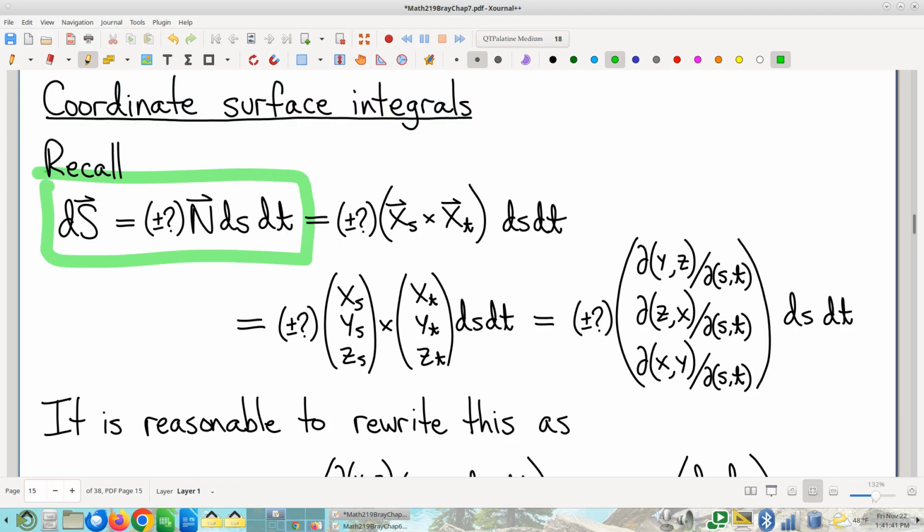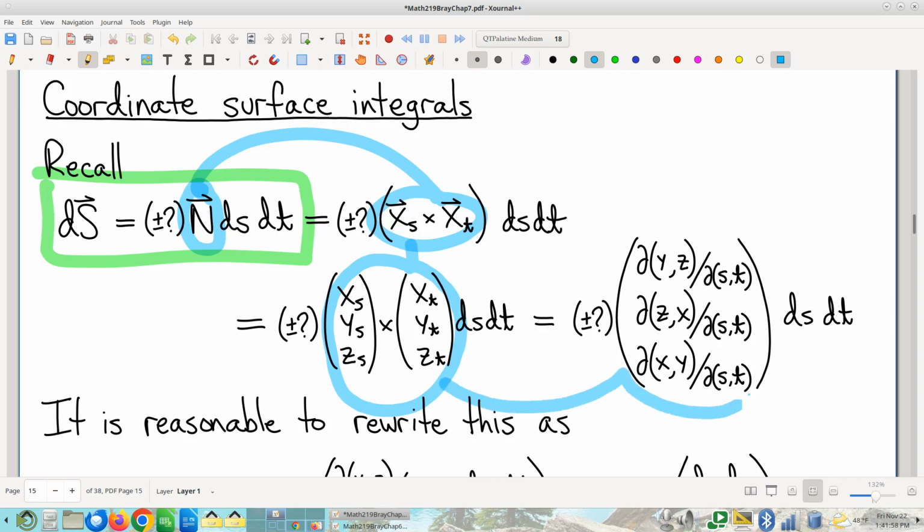Let me remind you that quite a while ago, when we first computed that capital N vector, we pointed out that it was this cross product, which we can expand in coordinates. Nothing really happens when you do that, and then you can crank out the cross product. This is just a different way to write that cross product, just to multiply it out.